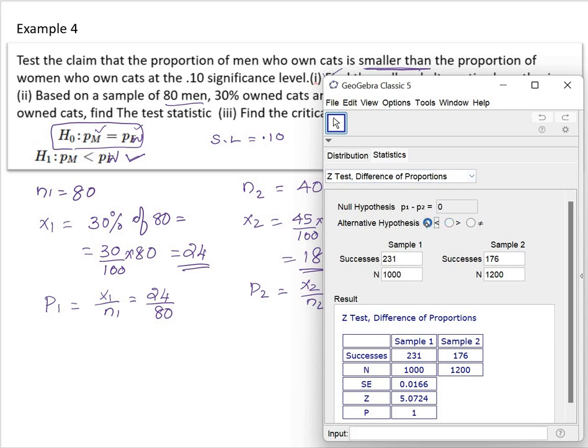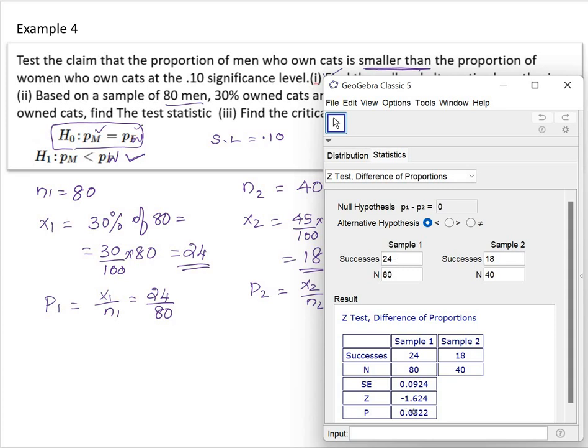So we want to take that one. And the N1 success is 24 out of 80. And then for N2, X2 is 18 out of 40. That's it. So everything is there.